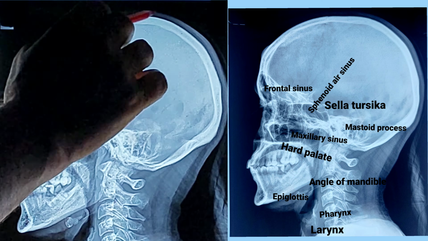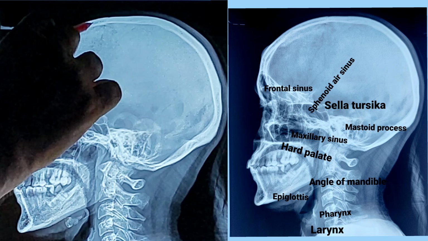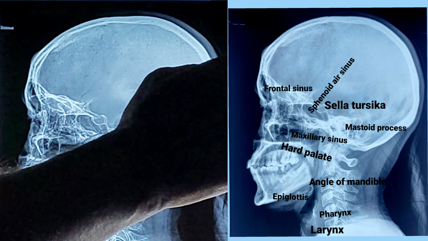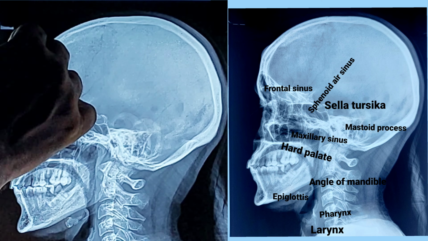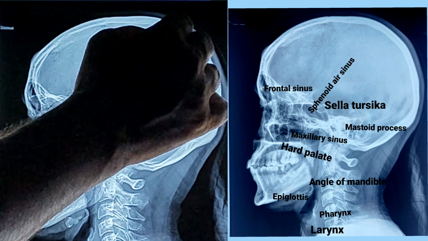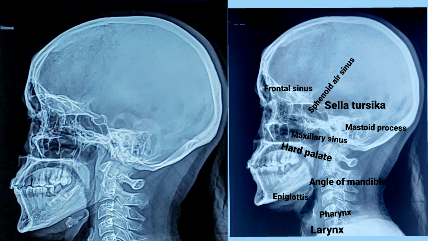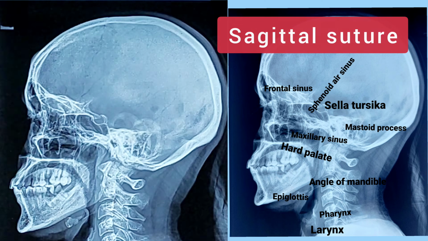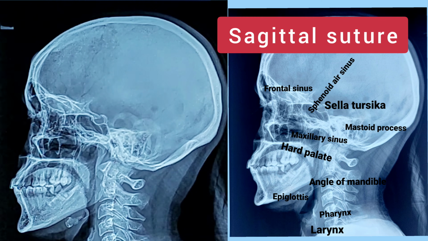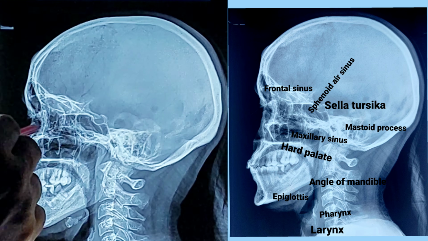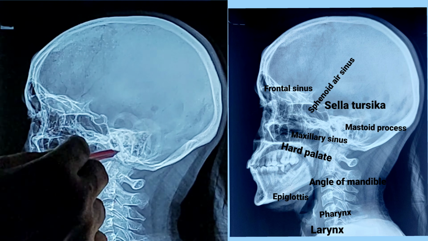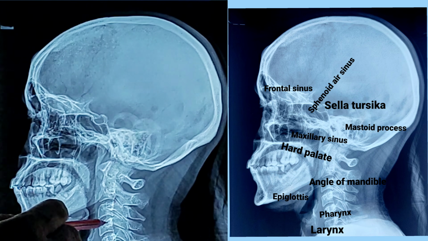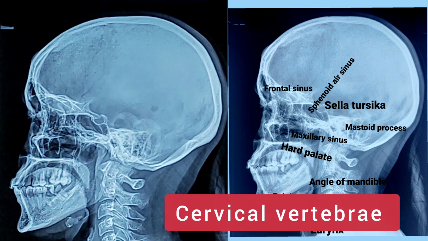Yes, this is the skull or vault of the skull, and this is the anterior side, this is the posterior side. So the frontal bone you can see here, followed by parietal bone and posteriorly occipital bone. And here the suture will be the sagittal suture. Other radio-opaque areas are here, some part of the neck is visible, and all these are cervical vertebrae.